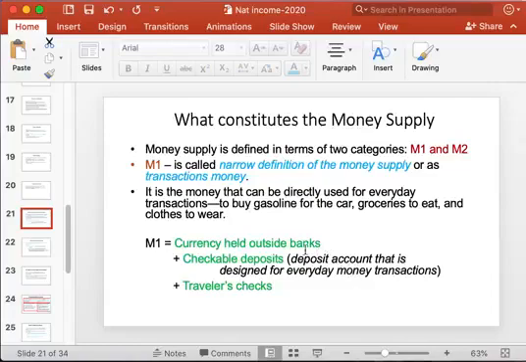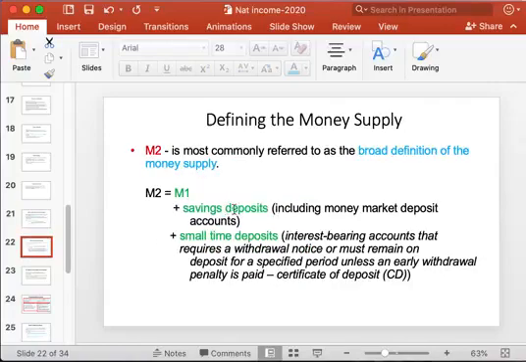It increases the cost of providing services. So because of that, the interest for checkable deposit is less compared to savings deposit.